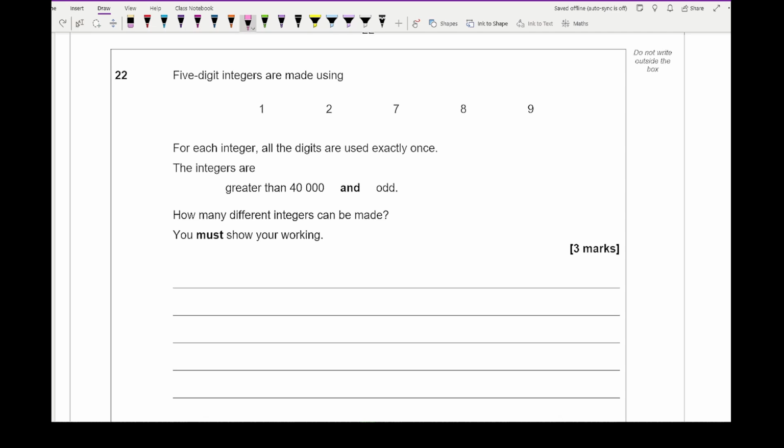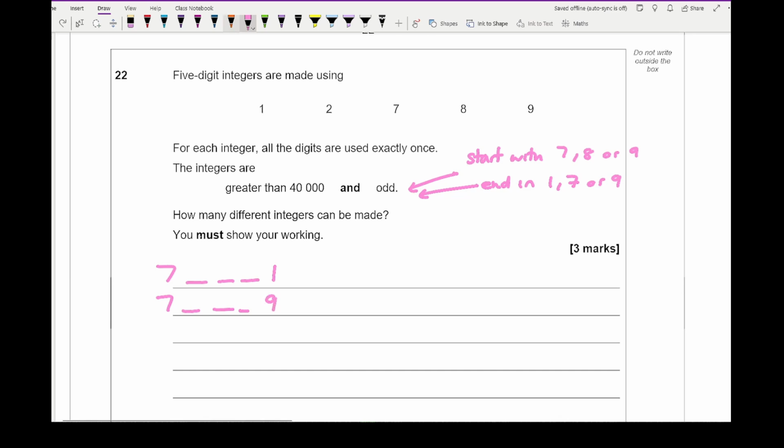So for this to be true, the 5-digit number must start with 7, 8, or 9. And for it to be odd, it needs to end in either 1, 7, or 9. Now, let's have a look at the combinations of this. Starting with 7, I've got 3 possible numbers, and it needs to end in a 1, or it can't end in a 7 because that's already been used, so that ends in a 9.